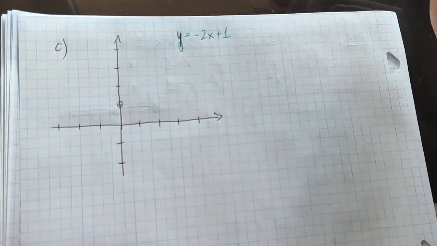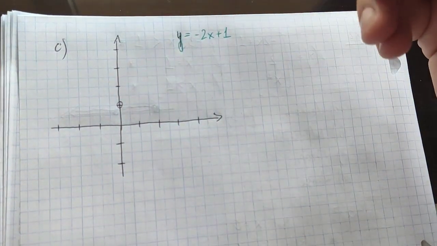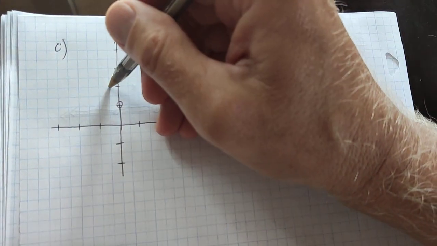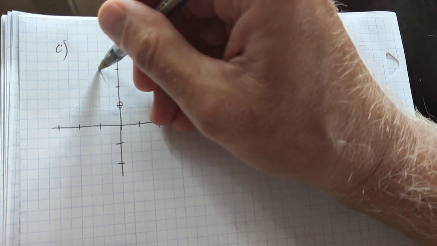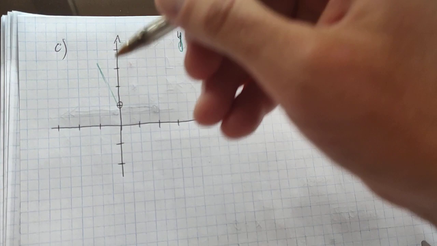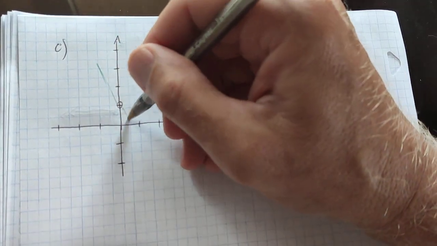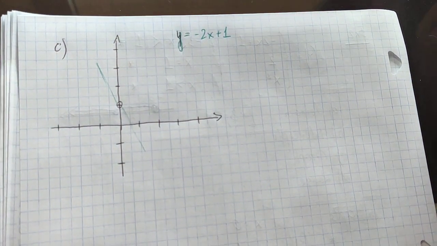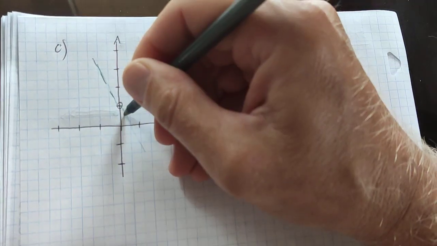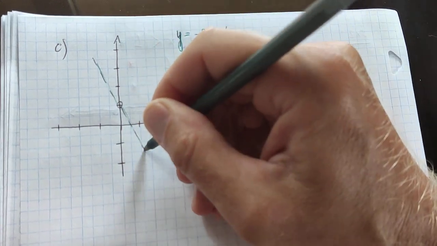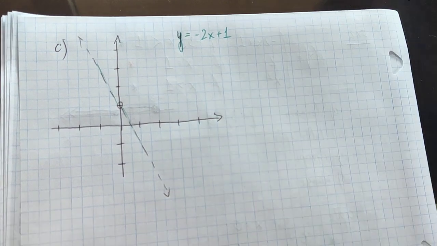So I have 1 as my y-intercept, and the slope is negative 2, right? So for 1 unit to the left, I go 2 units up. Alright, so let's actually make it not green, but first dashed. Okay, so this is my graph, the first one.